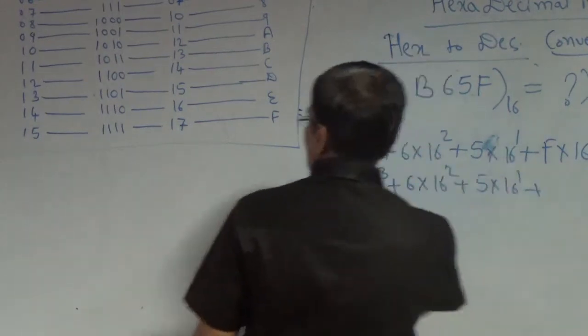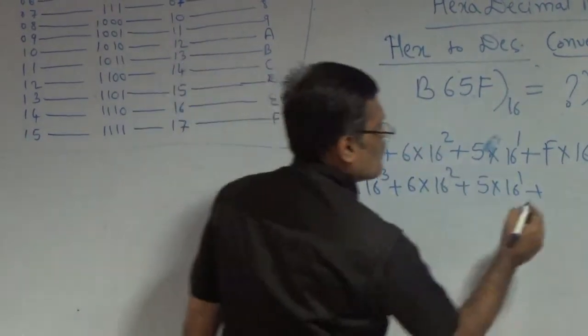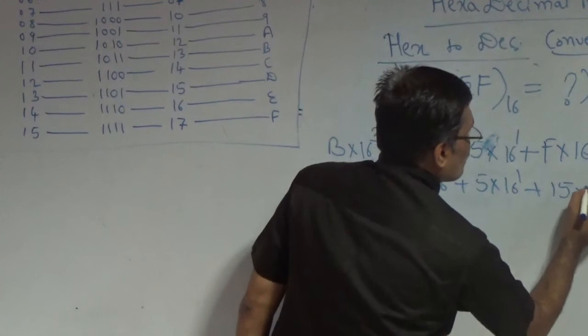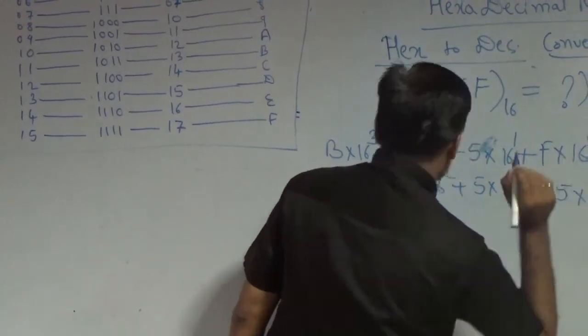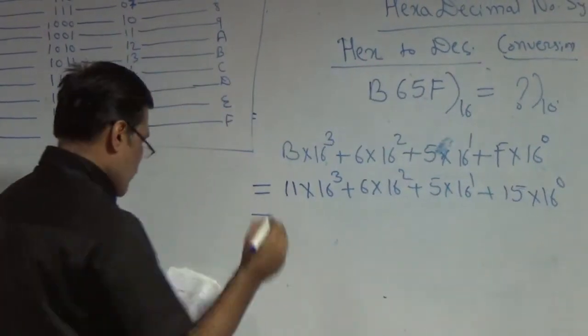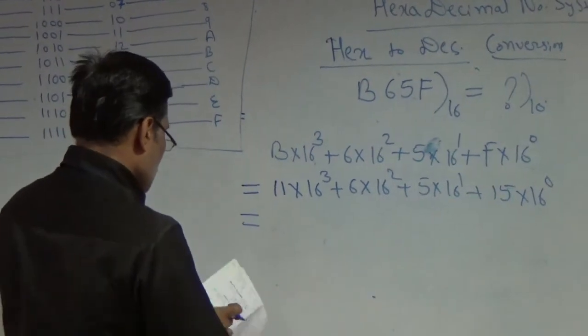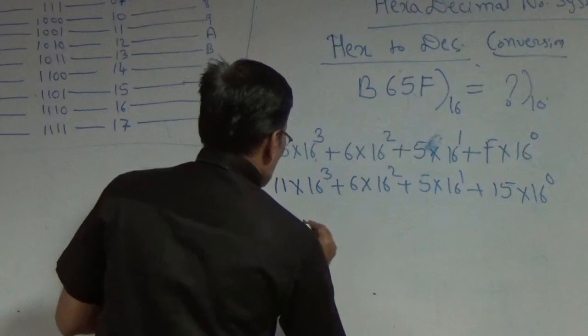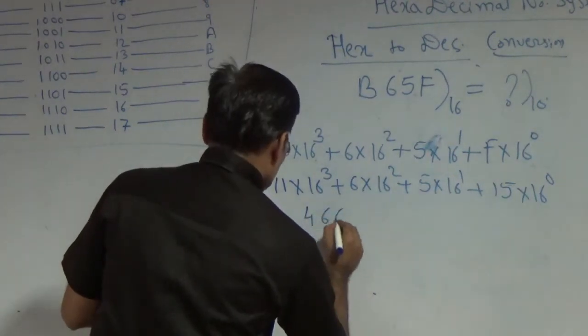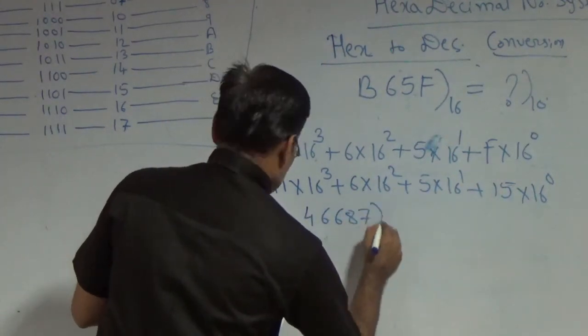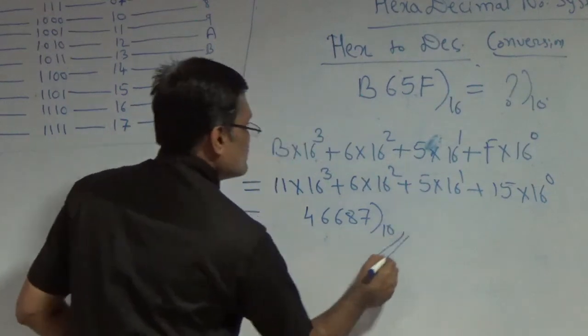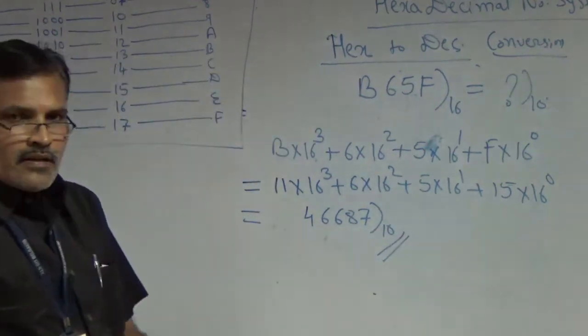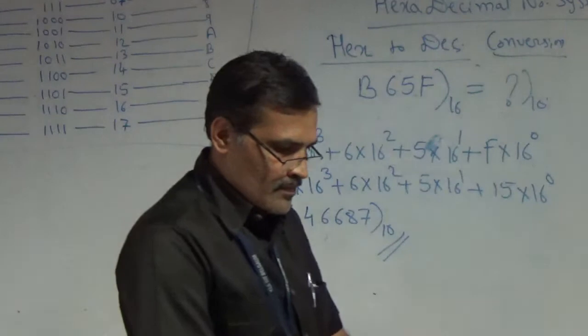Plus F is nothing but 15 in decimal, 15 into 16 raised to 0. If you simplify this, you will get the answer as 46687. So this is the equivalent decimal number.